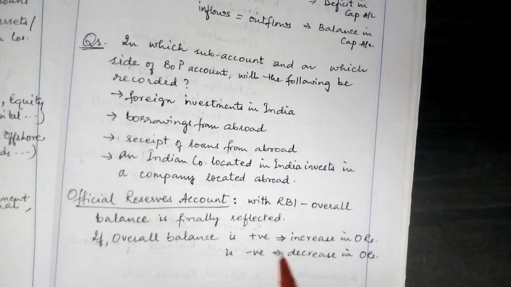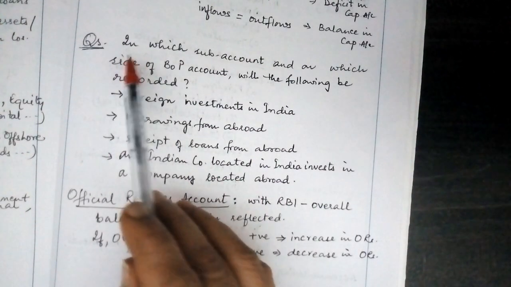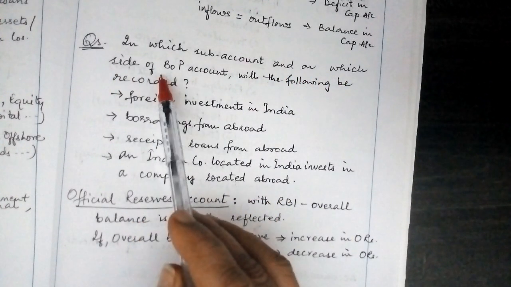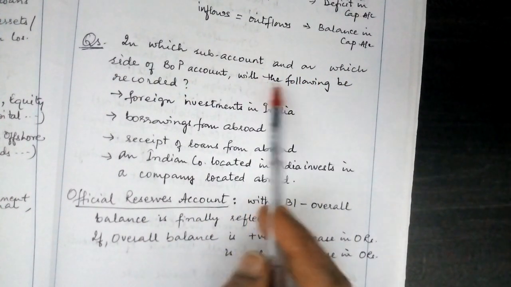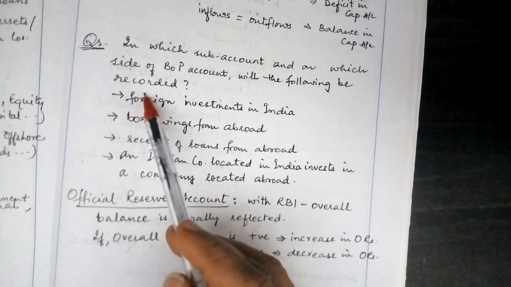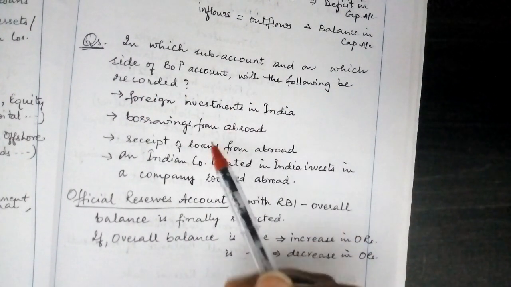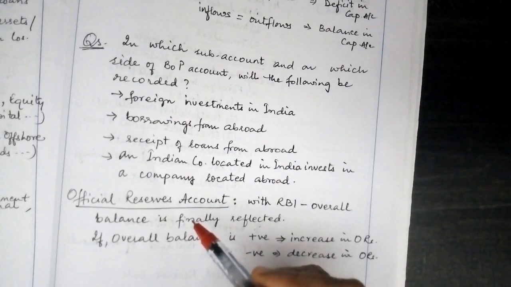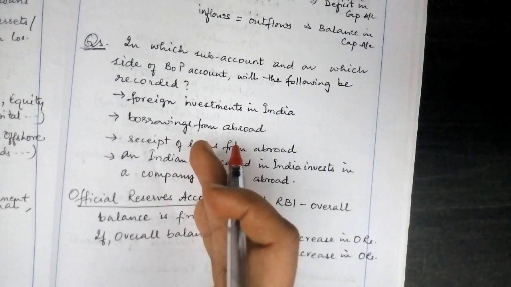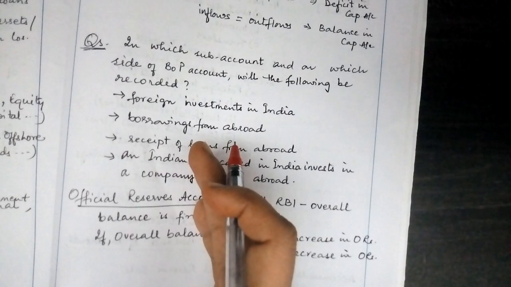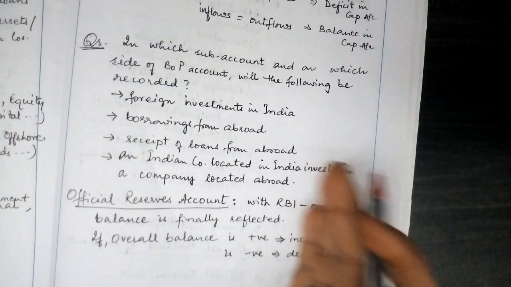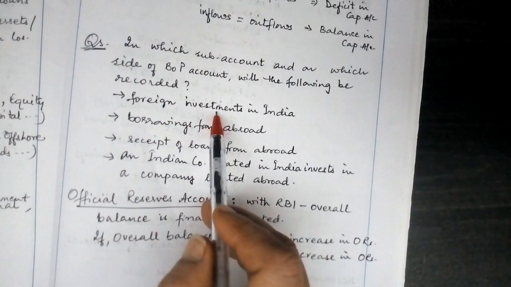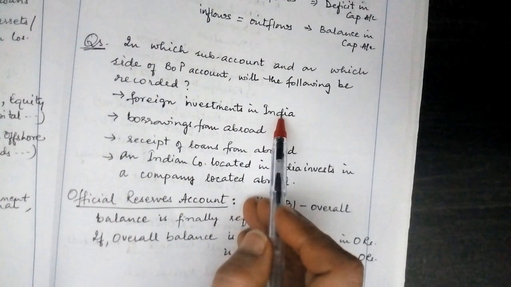A few questions that we come across are, in which sub-account and on which side of balance of payment account will the following be recorded? Now we must remember that all capital inflows are receipts and will be recorded on the credit side. All outflows are payments and hence recorded on the debit side. Now the first one is foreign investments in India.